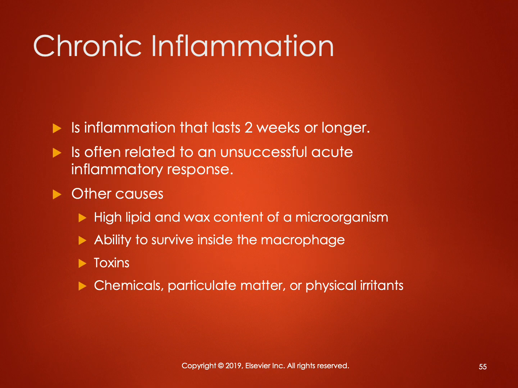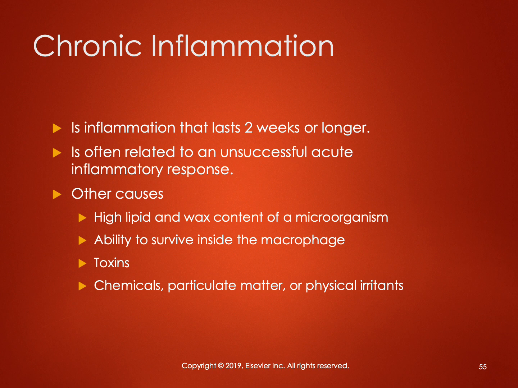I would like to now conclude our discussion of inflammation by discussing chronic inflammation. We have summarized what inflammation is. We talked about local inflammation. We talked about systemic inflammation. And now we're going to talk about chronic inflammation.